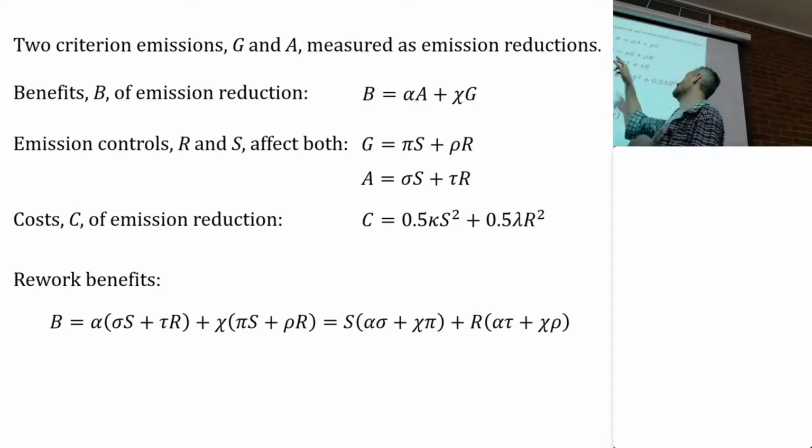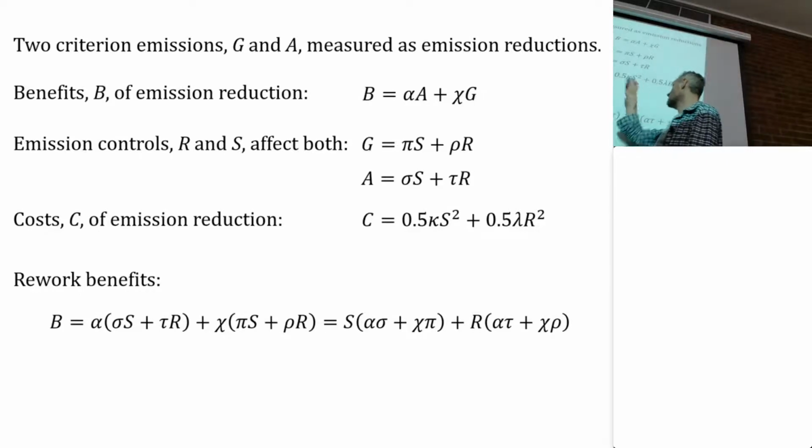And if you're gonna reduce your air pollution by S, you affect air pollution, but you're also gonna affect greenhouse gases through this channel with the pi that you see there, right? So the two problems interact with each other.